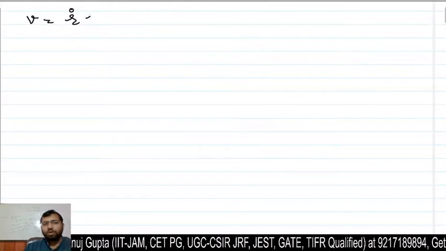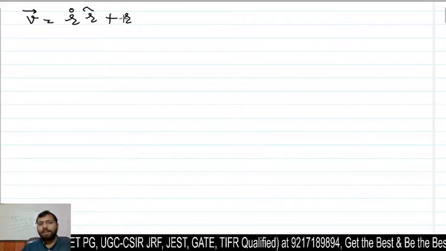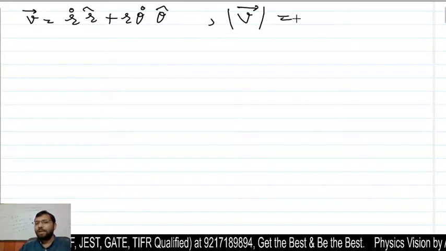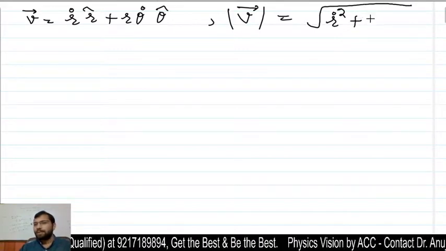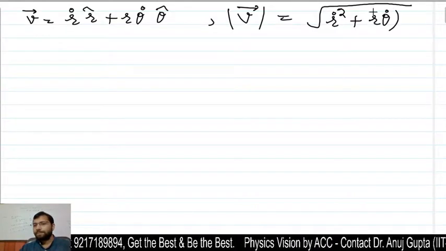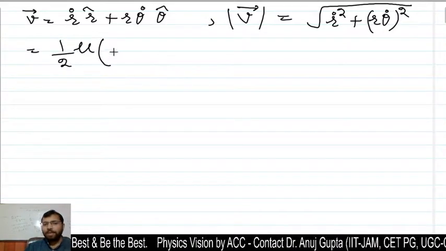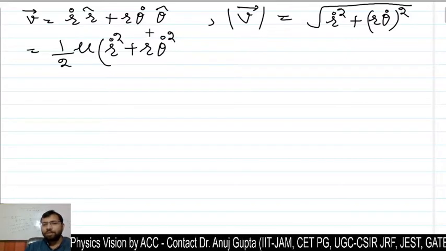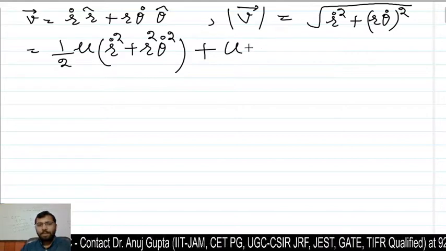ठीक है, अब इसमें v को आप पुट कर दोगे, v को वो पुट करोगे जो हमने शुरू में फॉर्मूला लिखा था, r डॉट r कैप प्लस r थीटा डॉट थीटा कैप. ये v वेक्टर की वैल्यू है. v वेक्टर का मैग्नीट्यूड कैसे आ जाएगा, by taking the under root of the sum of their squares. ठीक है, अब आप पुट कर दो ये वाली वैल्यू, हाफ म्यू v स्क्वायर मतलब r डॉट स्क्वायर प्लस r स्क्वायर थीटा डॉट स्क्वायर, दिस इज योर v square, प्लस u is as such, keeping it as such.